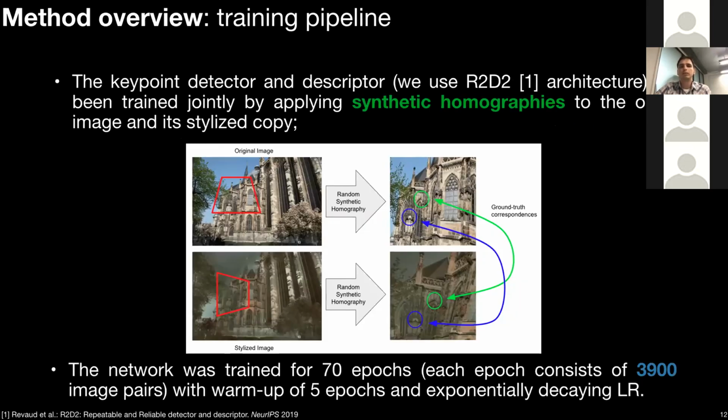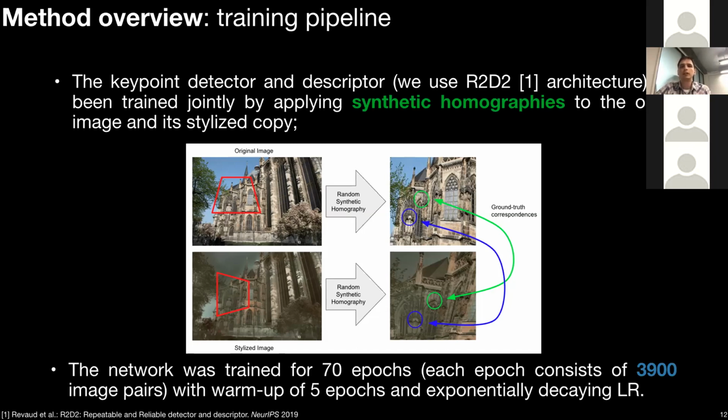We train our networks using original and stylized image pairs. Crops are extracted from the original and stylized images using random homographies. So we do not use 3D geometry to find pixel correspondences between two views. Basically this method is trained on only synthetic transformations.